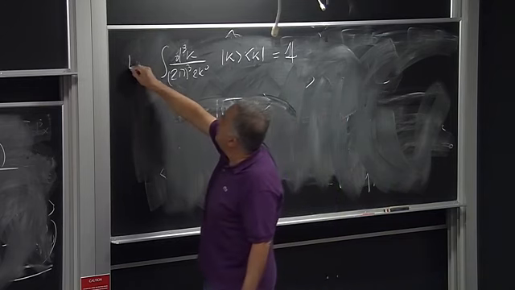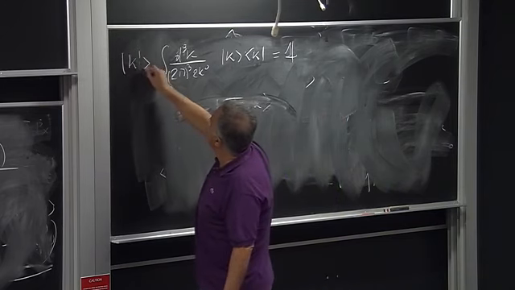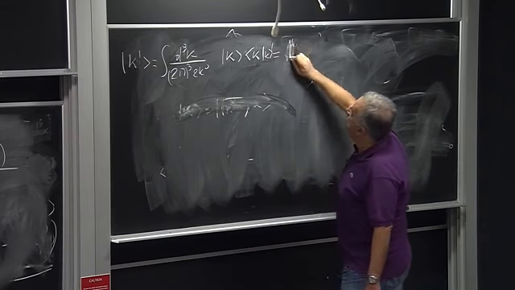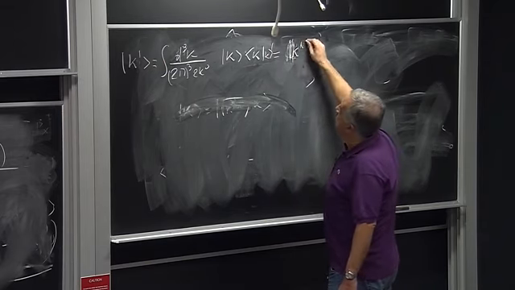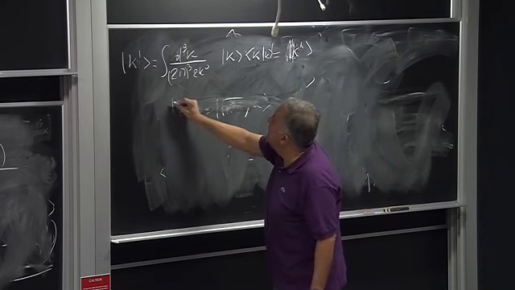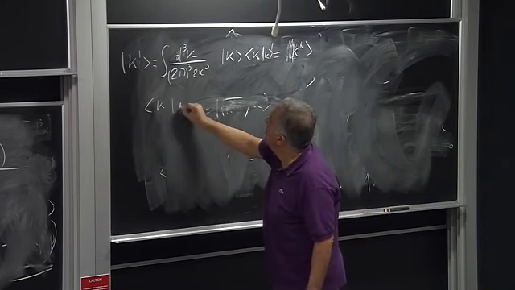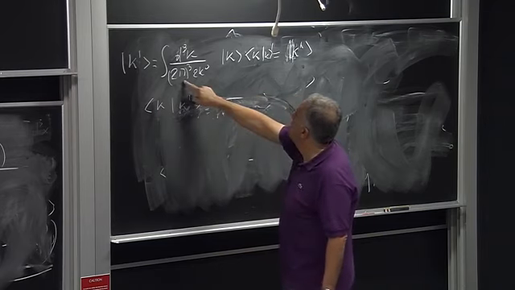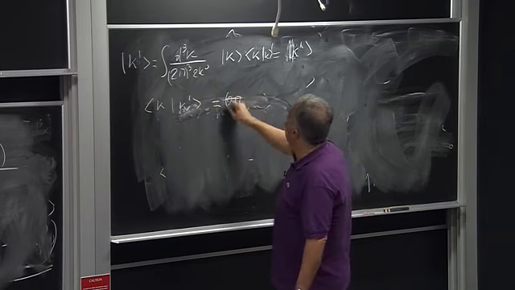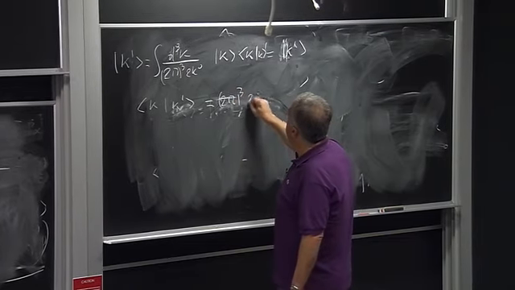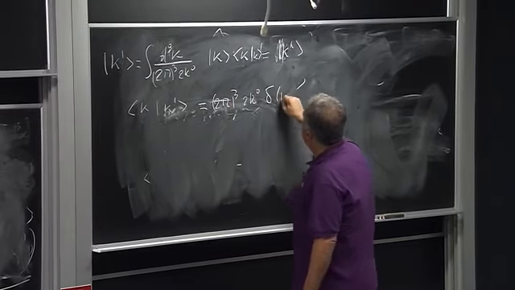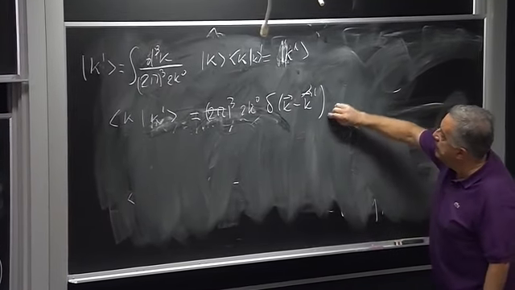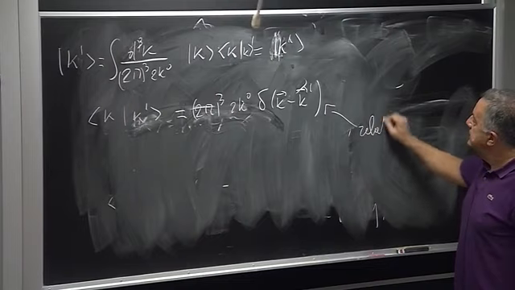If you put here a k prime, this has to be equal to k prime. So the scalar product of k and k prime is (2 pi)^3 2k0 delta of k minus k prime. This is the relativistic normalization of the states.